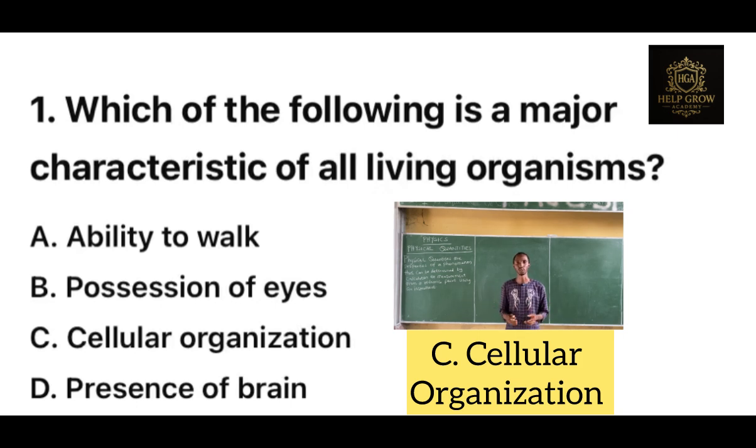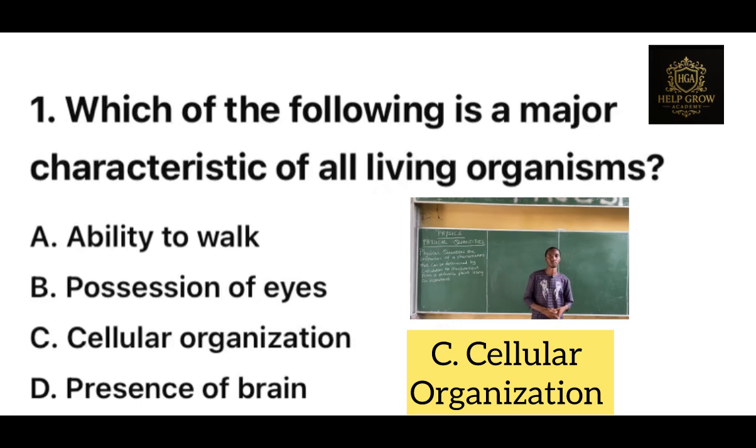Reason being that living organisms come in different forms, from simple bacteria to complex humans. Despite their diversity, all living things are made up of cells, which are the basic structural and functional unit of life. This is known as cellular organization. A bacterium is a single-celled organism.